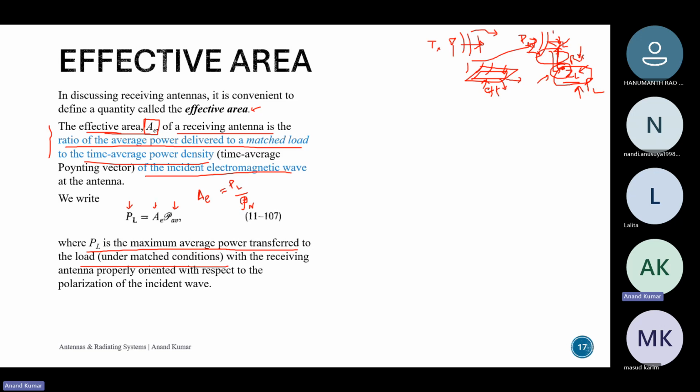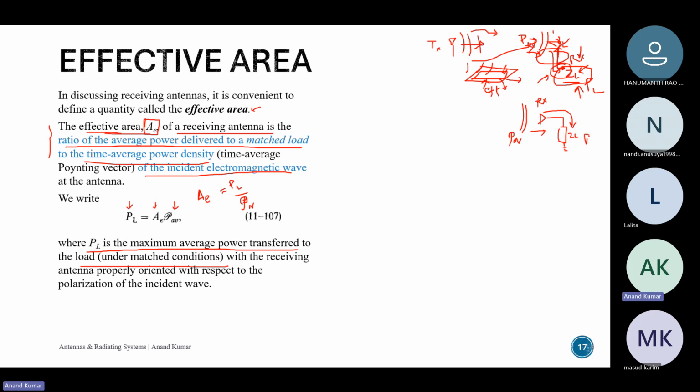We're considering the receiving antenna is matched to the load, and so there is some average power which is incident on the antenna, and it is transferred to the load.